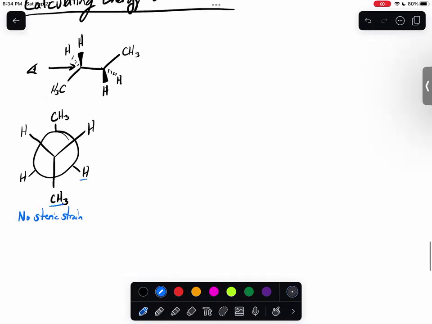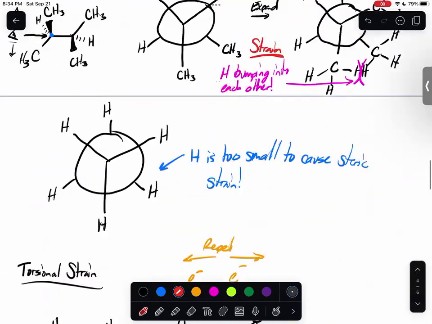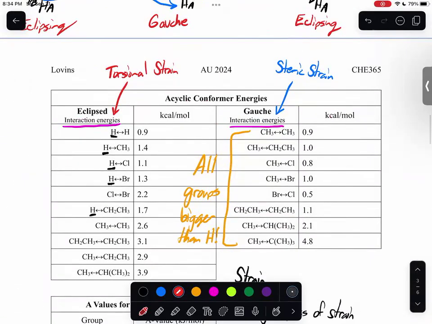There's also no torsional strain. Therefore, this structure is sitting at an energy value of 0 kilocalories per mole. All of our energies are going to be measured in kilocalories per mole because if we look back at that table, you'll notice that every energy value is listed as kcals per mole.